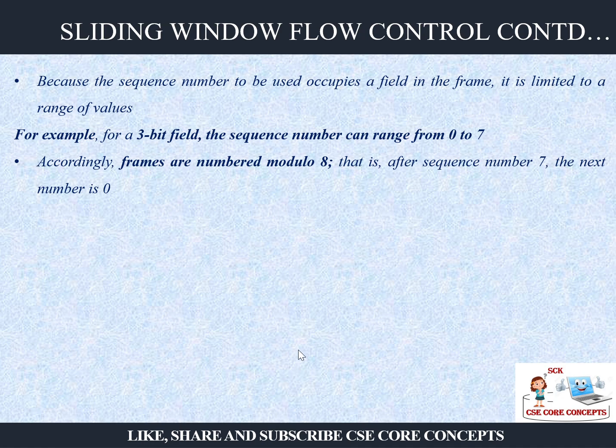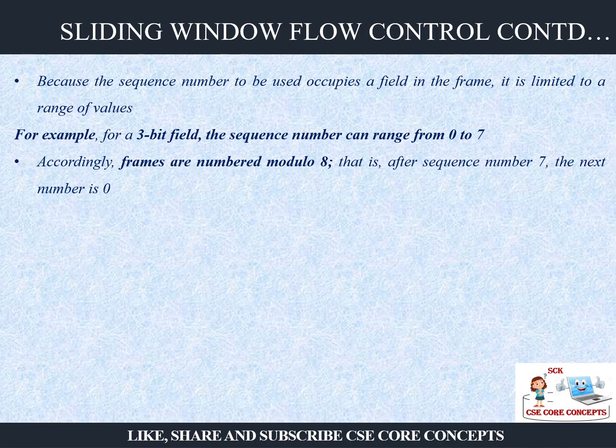The sequence number to be occupied is limited to a range of values. Here you have the sequence numbers from 0 to 7. Now it is not that you can only send up to 8 frames. You can send more frames, right? The data transmission is continuous. So in that case, after 7, the sequence number starts again with 0.